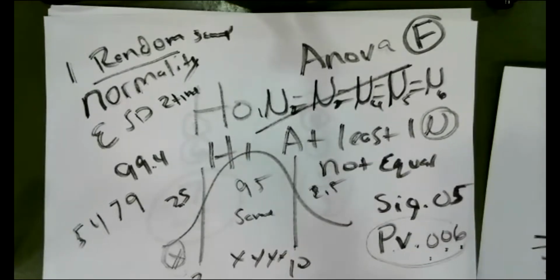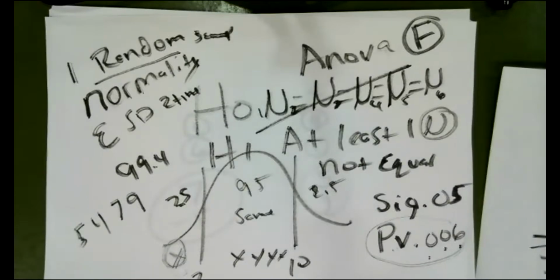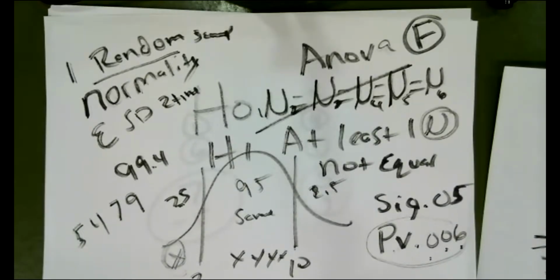Professor, so we check the independence, right? And normality and equal variances. That's it. So what if one of those is not right? Okay, good question. If it's not a random sample, then that tells us that all the data could be caused by error.